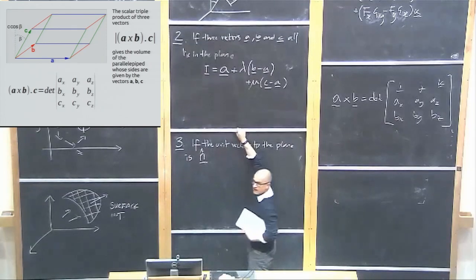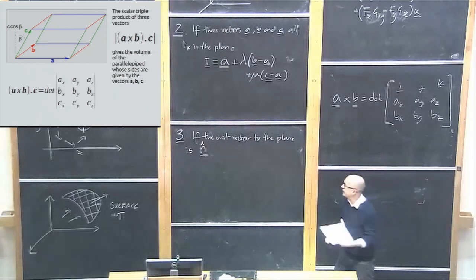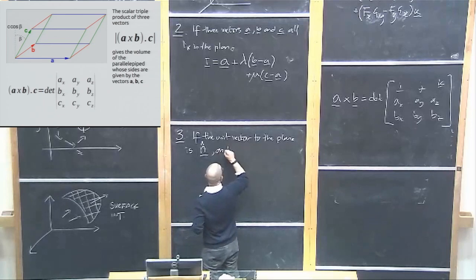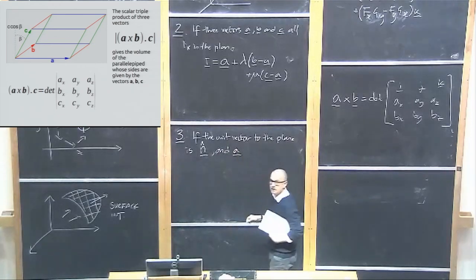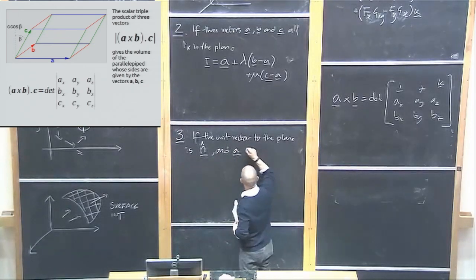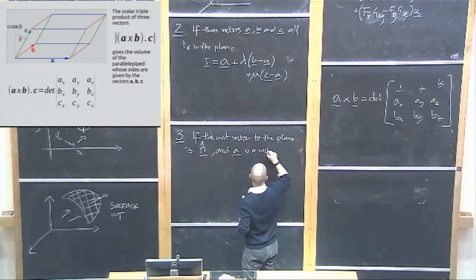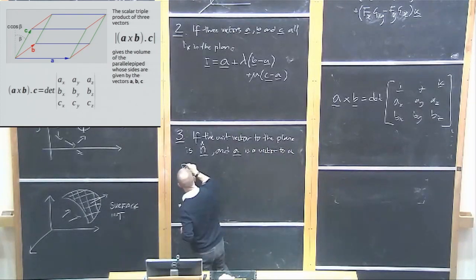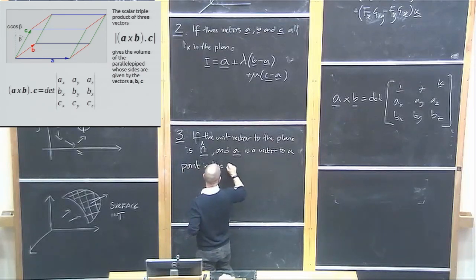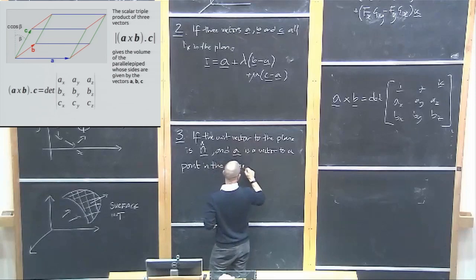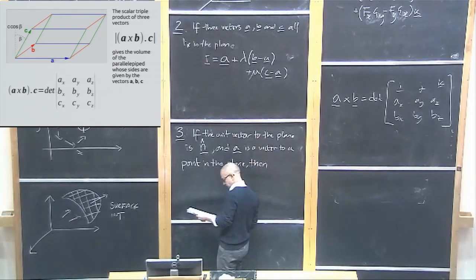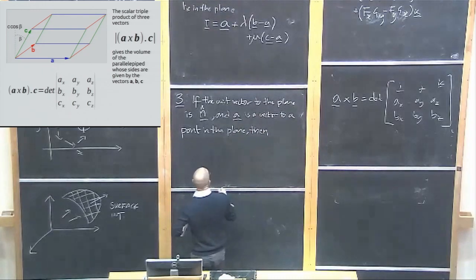If the unit vector to the plane is n hat, and A is a vector in the plane, then we know the following.